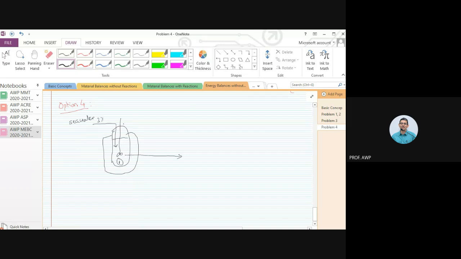So out of this 94 kgs, 1/3 we will evaporate here. 94 divided by 3. How much is 94 divided by 3? 31. Thank you. We will evaporate 31.33 kg per hour here. This we will put in the second evaporator.